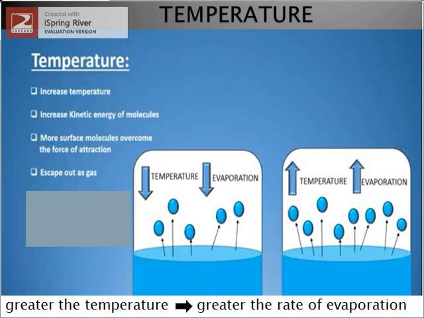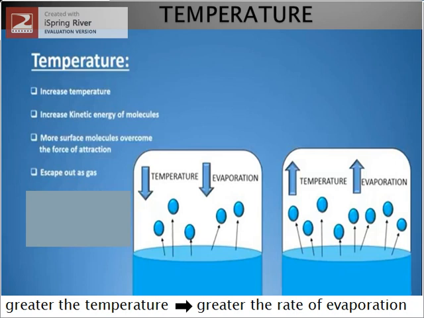More molecules will gain that kinetic energy. As more molecules get the kinetic energy, they will overcome the force of attraction. As they overcome the force of attraction, they will escape as gas or change into vapor state.